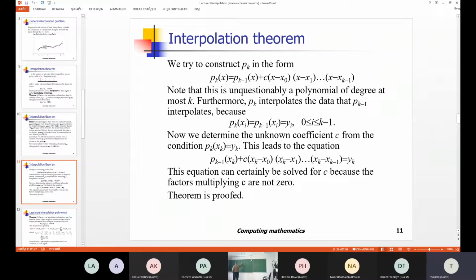Pk of x1 is P_{k-1} of x1 plus the second term, and I substitute x1 there. What do I get as a result?